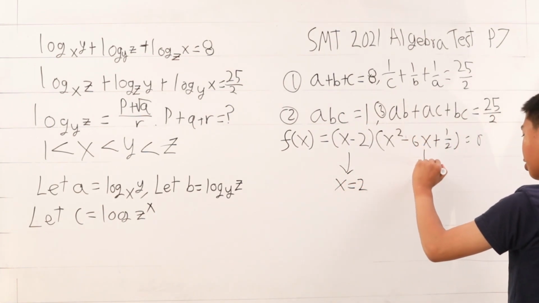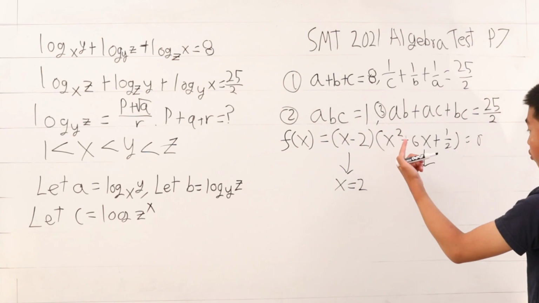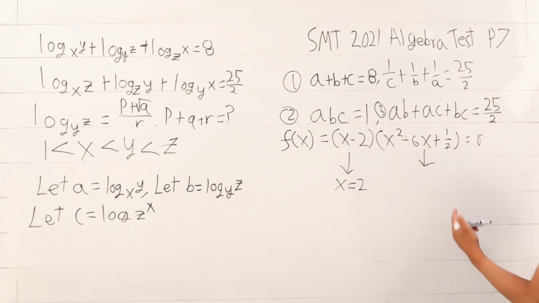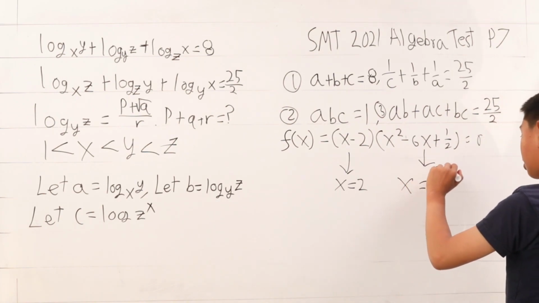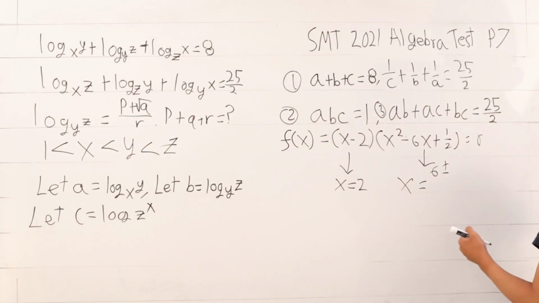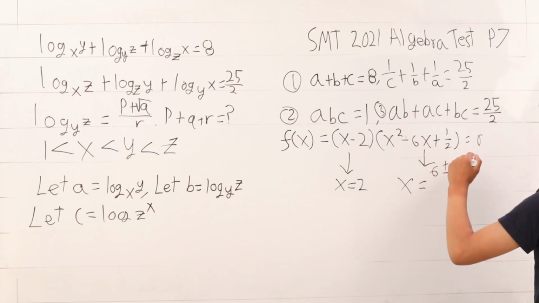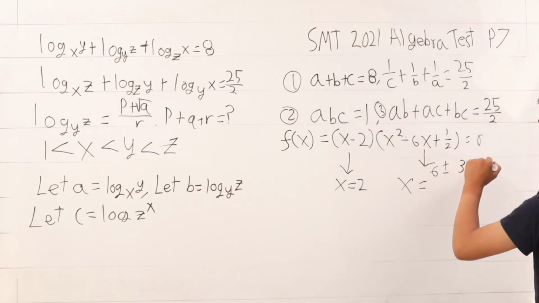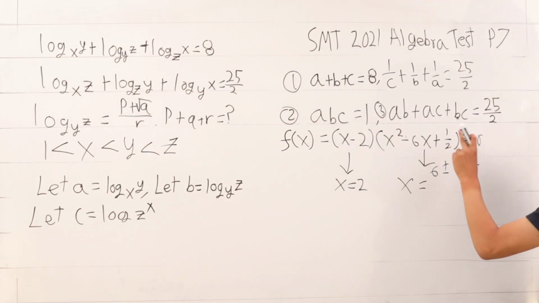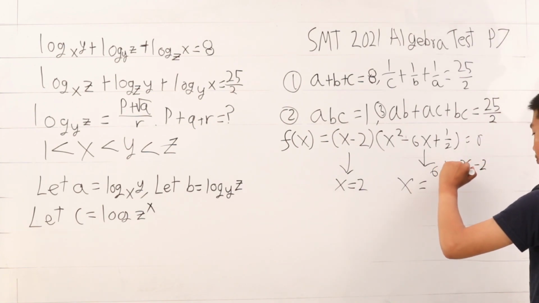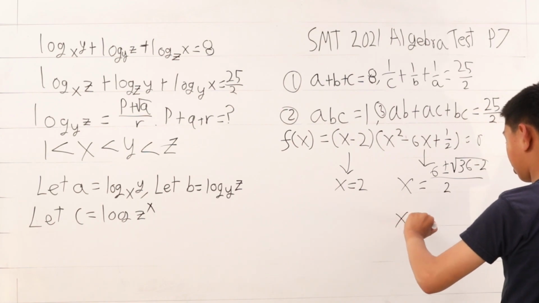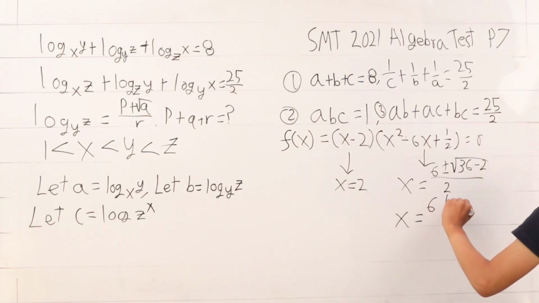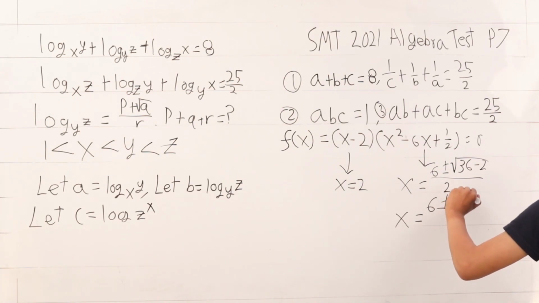Now we use the quadratic formula to solve when x squared minus 6x plus 1/2 is 0. x is equal to 6 plus or minus the square root of 6 squared, which is 36, minus 1/2 times 4, which is 2, over 2. So therefore, x is equal to 6 plus or minus the square root of 34 over 2.